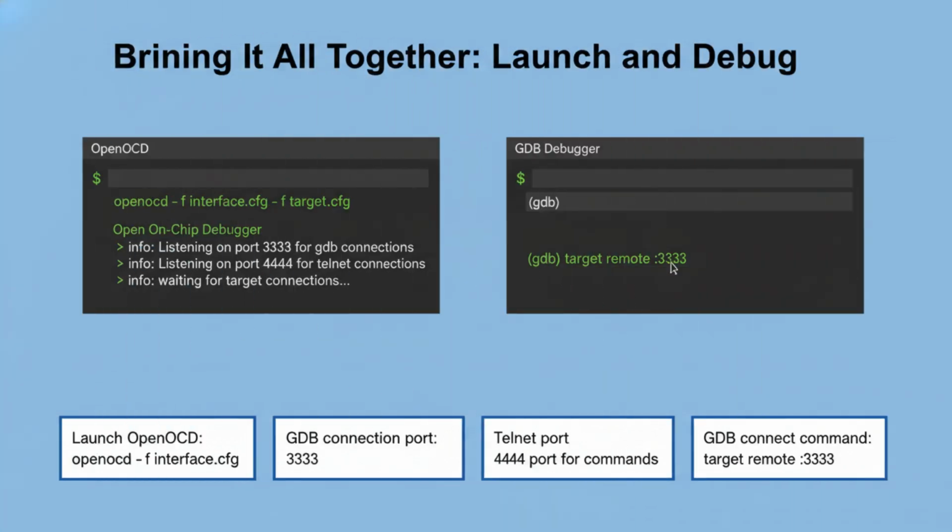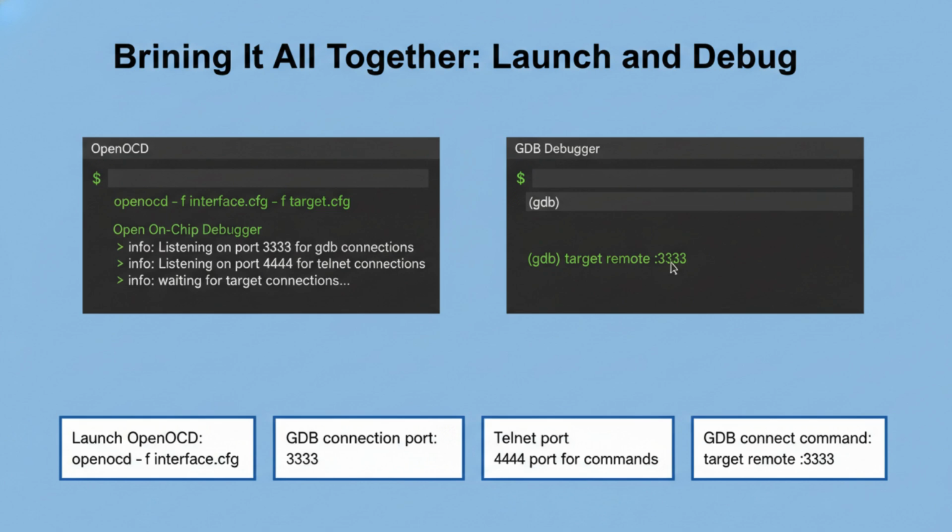With your interface.cfg and target.cfg files ready, you're set to launch OpenOCD. From your terminal, you'll execute a command like openocd -f interface.cfg -f target.cfg. OpenOCD will start, typically reporting that it's listening on port 3333 for GDB connections and listening on port 4444 for Telnet connections.